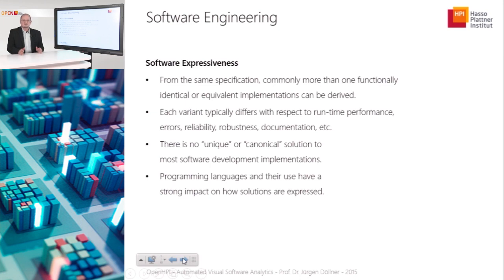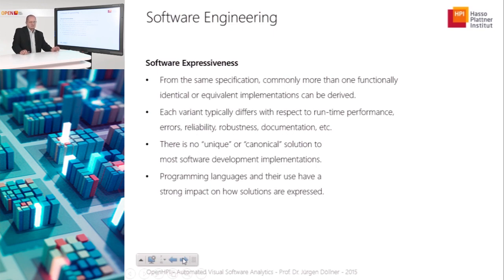In contrast, in software engineering, the solution is not as unique as it should be, because software is complex, software is flexible, and software has a great degree of expressiveness. So each variant typically differs with respect to runtime performance, errors, reliability, robustness, or documentation.